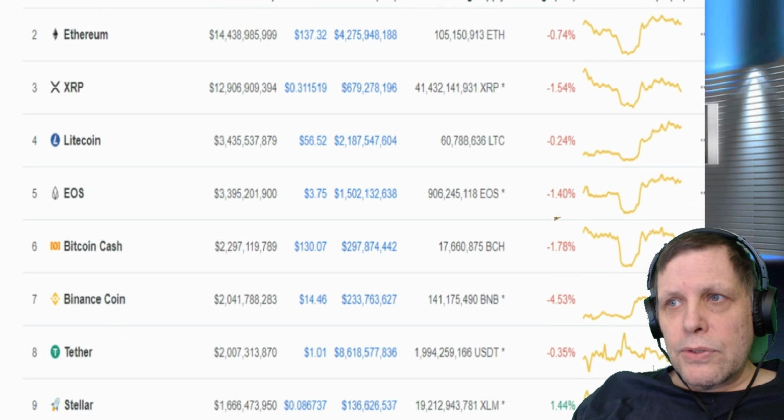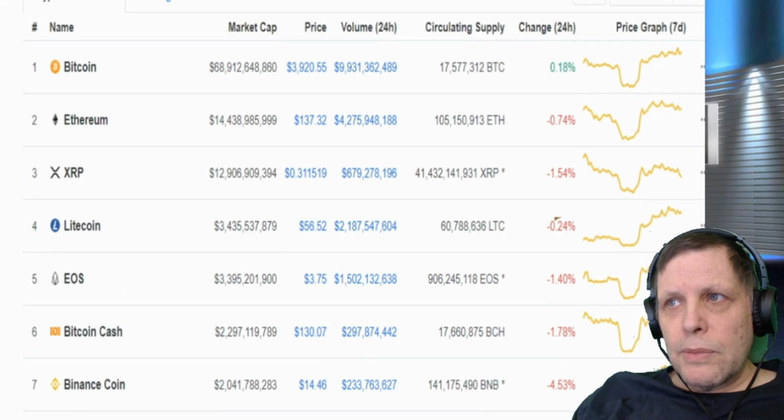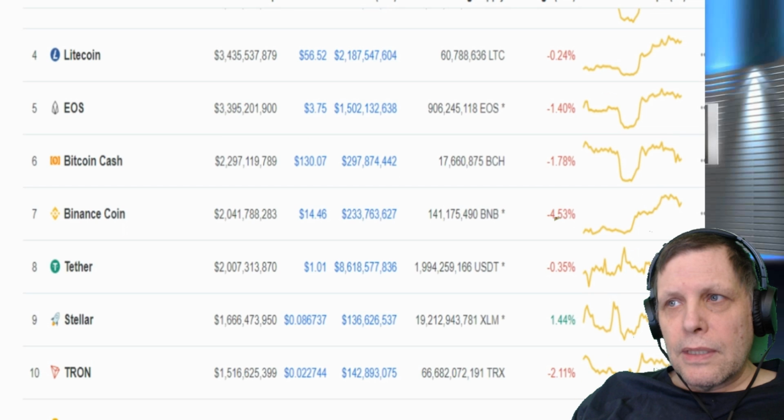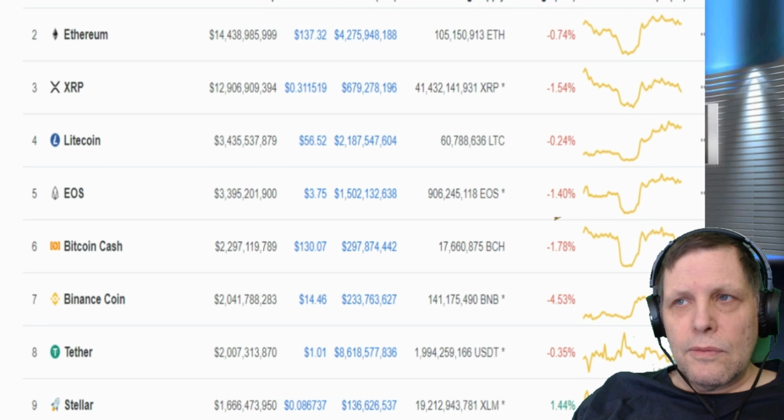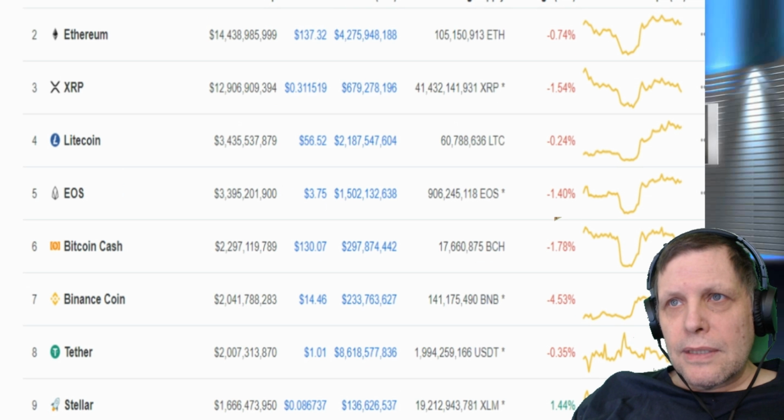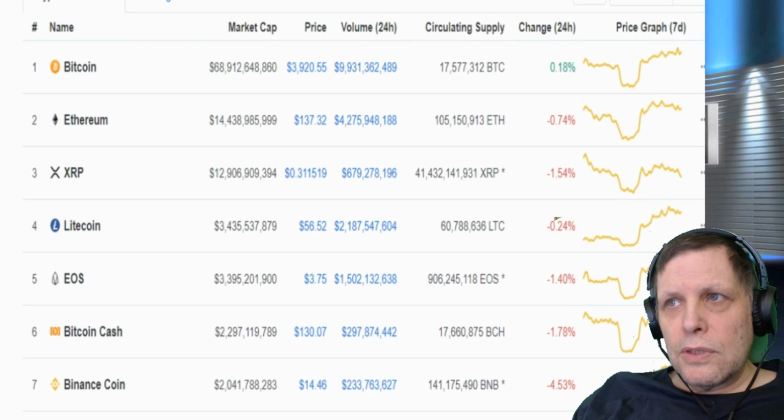I know the numbers are a little bit in the red right now on some of the altcoins, but you have to understand something, that these are only small fluctuations downwards. Overall, the price is up. Like Litecoin's 56.52 this morning. It's only down 0.24%, which is practically nothing. But it could turn up later today.